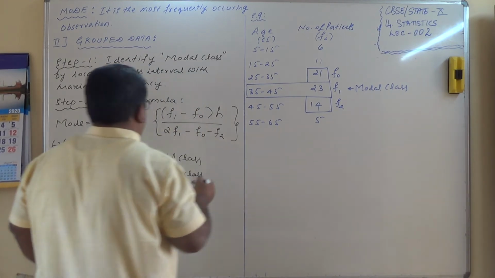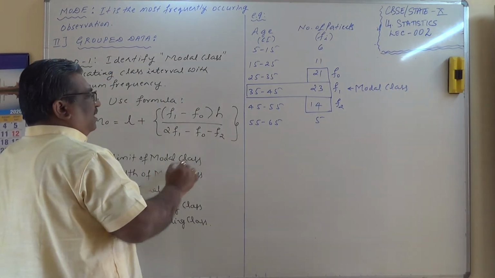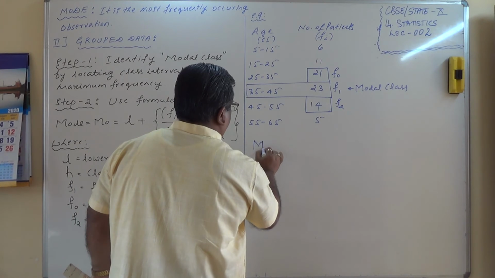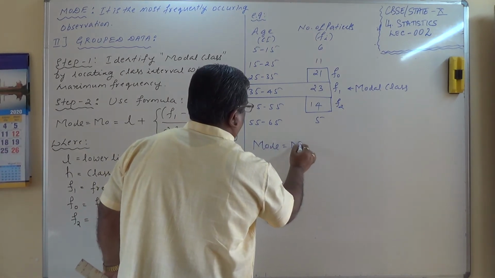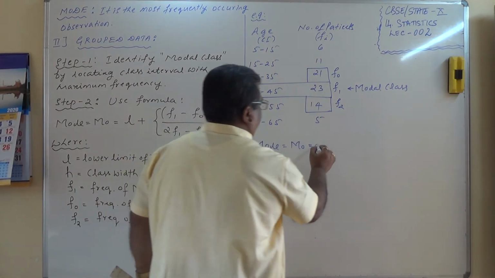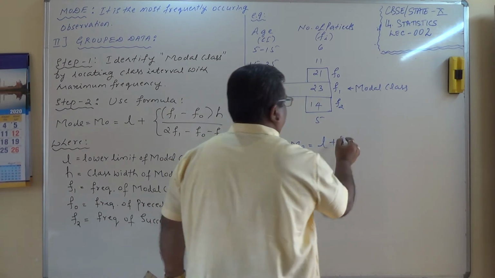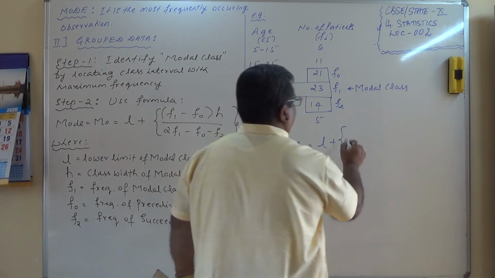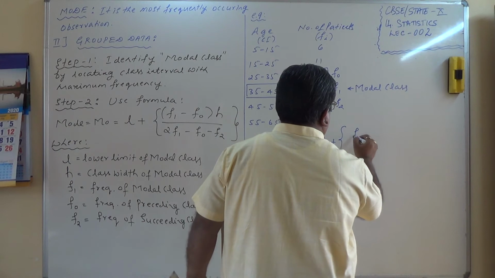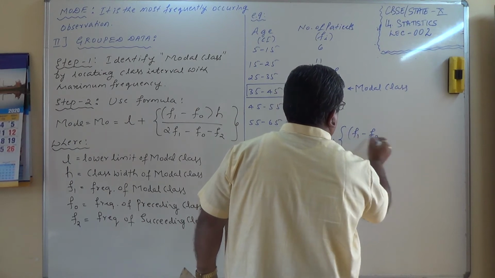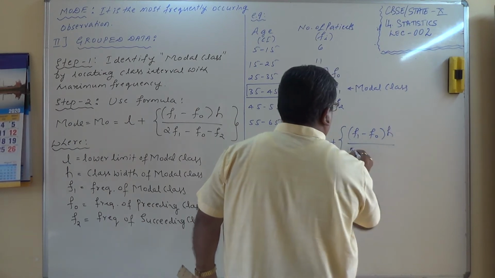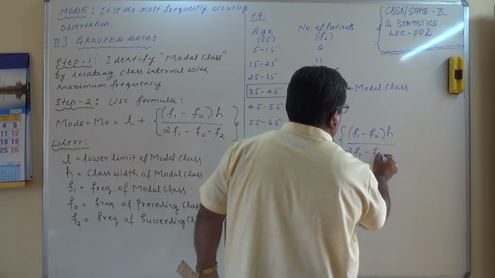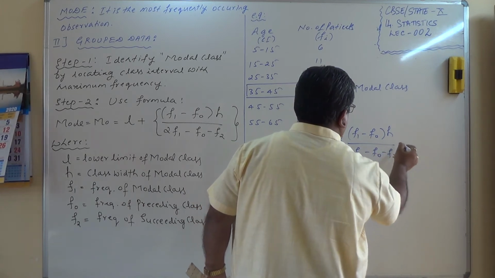So let me populate the values over here. What other values do I require? Let me write the formula first and then populate. Mode is given by Mo equals L plus, into bracket, F1 minus F0 into H, divided by 2F1 minus F0 minus F2.